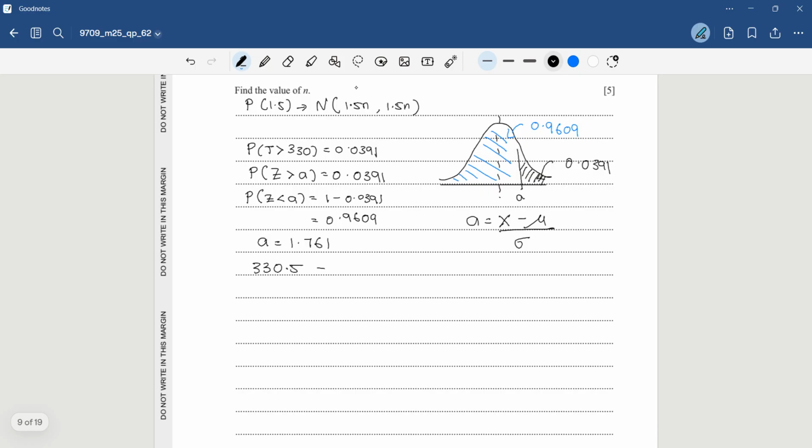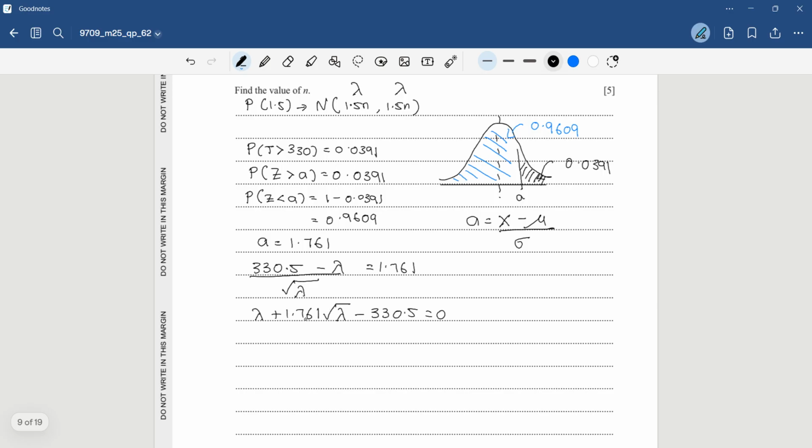For the time being I just use lambda to make my calculation easier. So 330.5 minus lambda over root lambda is equivalent to 1.761. So it's going to be lambda plus 1.761 root lambda minus 330.5 equal to 0.